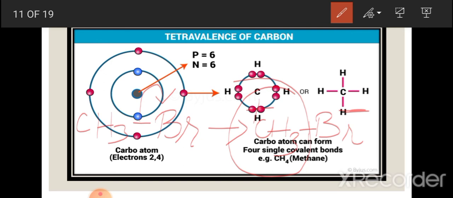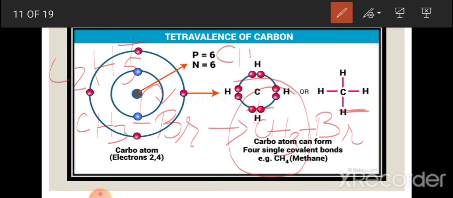This CH3 plus, we can call it the methyl carbocation, and these names are derived from the alkyl group. CH3 plus is a methyl carbocation. If I write C2H5 plus, this will be an ethyl carbocation.